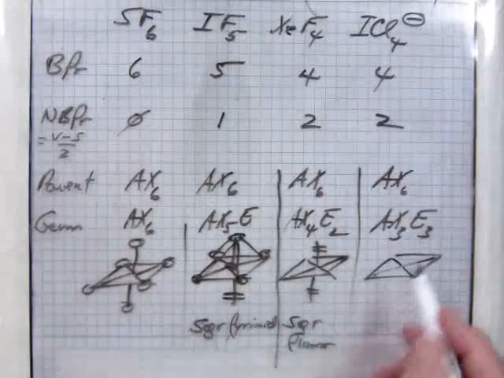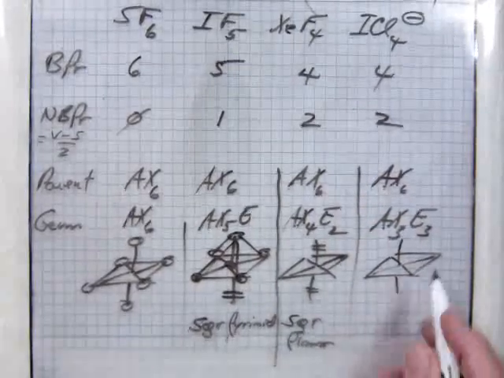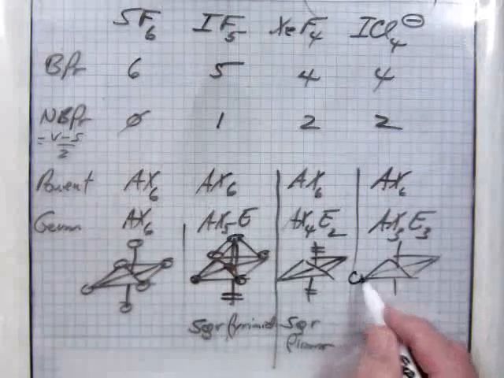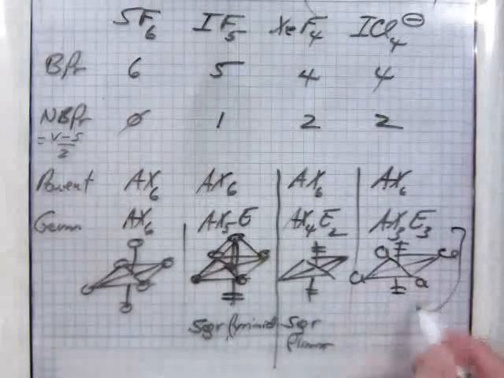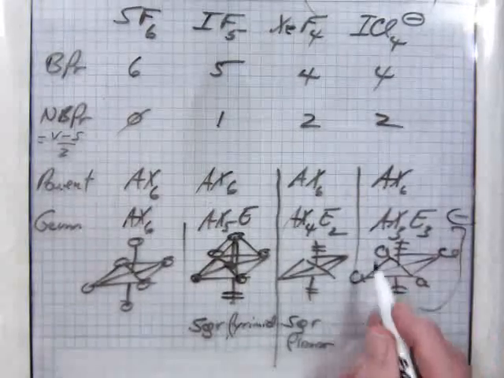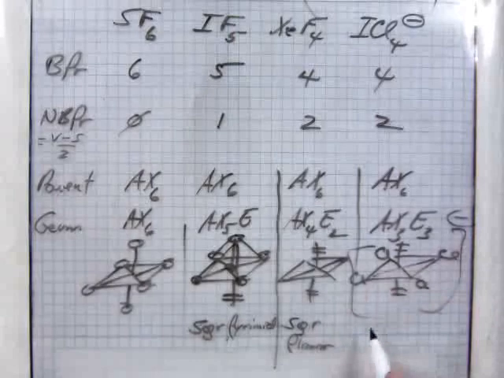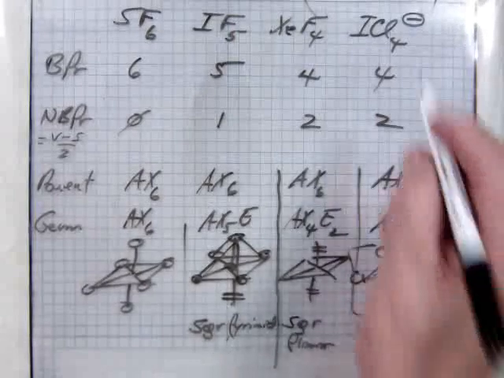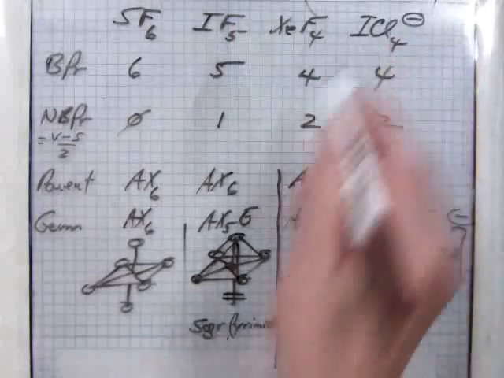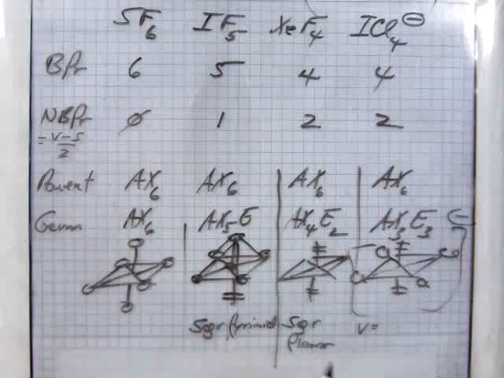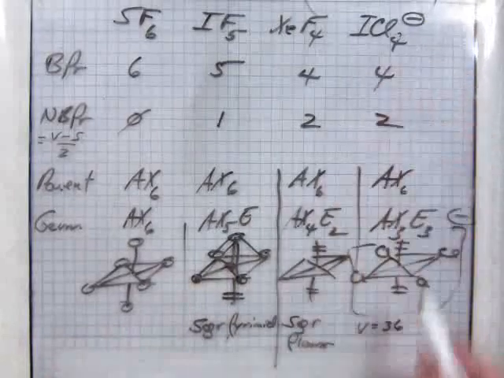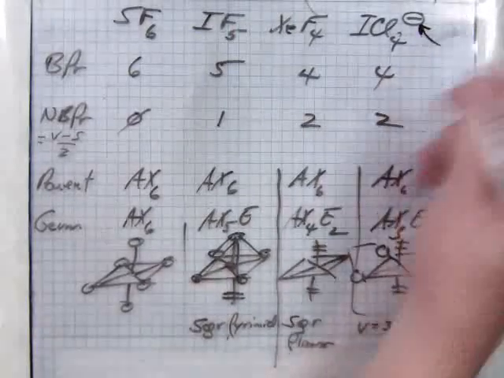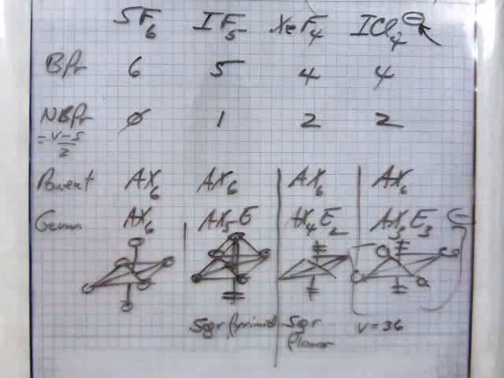Now, in this one, you would apply valence. I'll do that one out. Here you have chloride, chloride, chloride, chloride, and non-bonded pairs. But this is a polyion carrying a negative charge up here. So if I took the valence of this, well, actually I have 5 halogens, 7 times 5 is 35 plus 1, that's 36 on that structure, because I had to add 1 electron because of that negative sign.